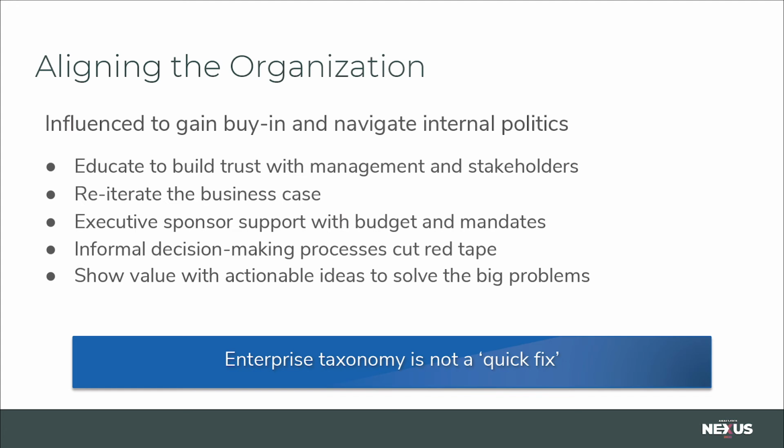Also, the executive sponsor provided crucial support by advocating this effort with her peers and also delivering top-down mandates within her own organization. We were able to bring our cross-organizational stakeholders along by showing them how we would make their work easier and save them time and money.